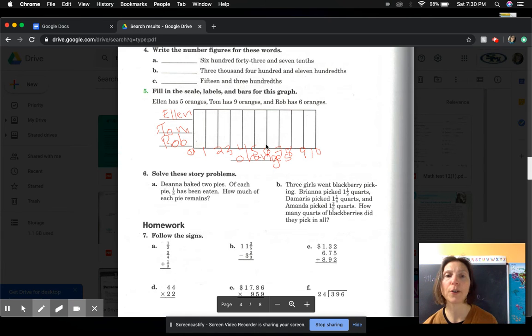So now this is a bar graph. So each bar will be 1 orange. So I want you to draw a line for Ellen's 5 oranges, Tom's 9 oranges, and Rob's 6 oranges.